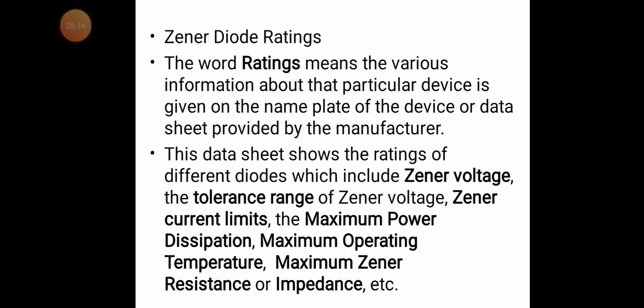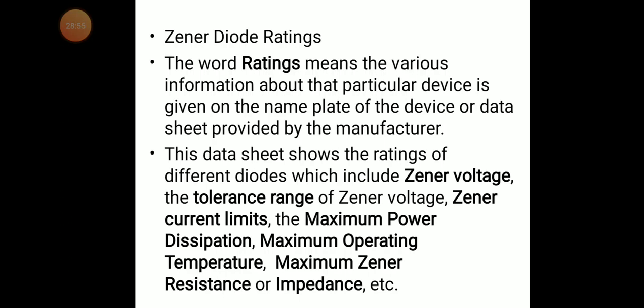So this data sheet shows the ratings of different diodes, which include the Zener voltage, the tolerance range of the Zener voltage, Zener current limits, the maximum power dissipation, maximum operating temperature, and maximum Zener resistance or impedance. Like this, these will give the values.